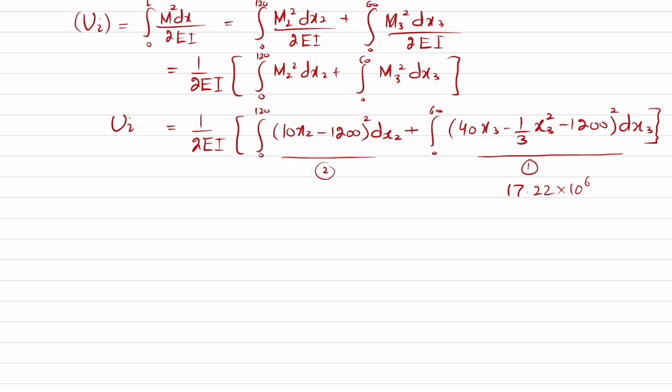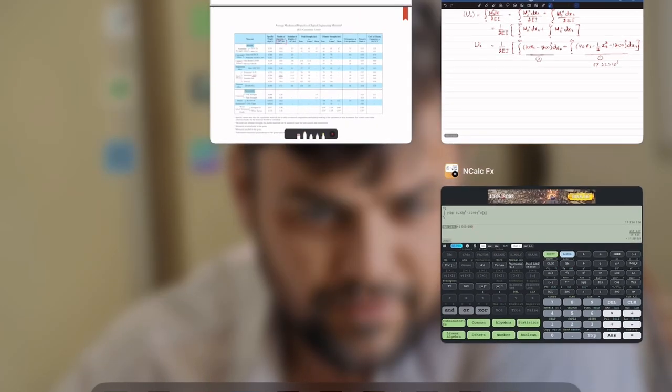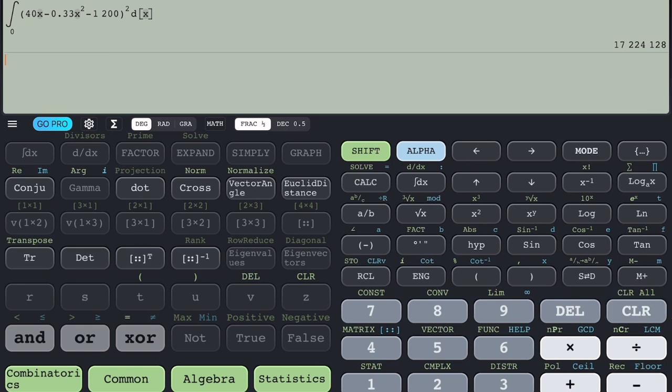So we will write this equation 10x2 minus 1200. So integral of 10x square minus 1200 whole square, and the limit was from 0 to 120.